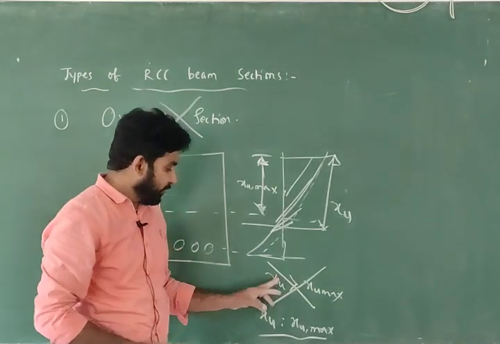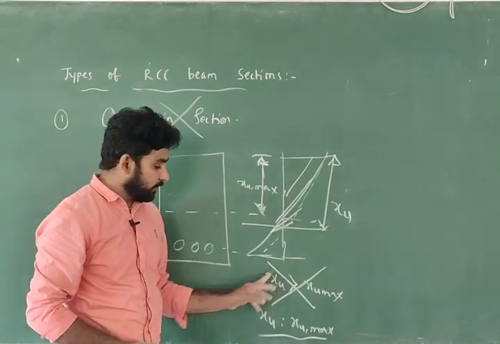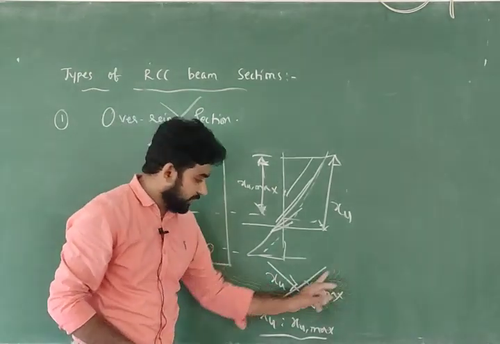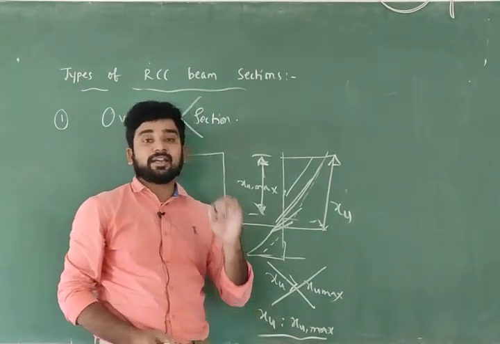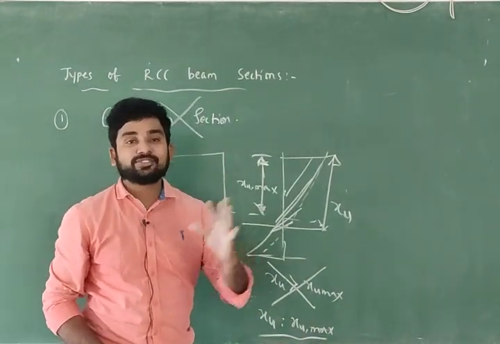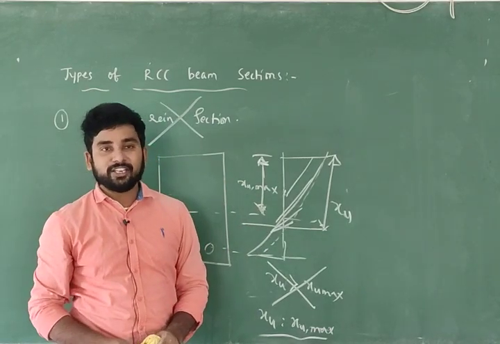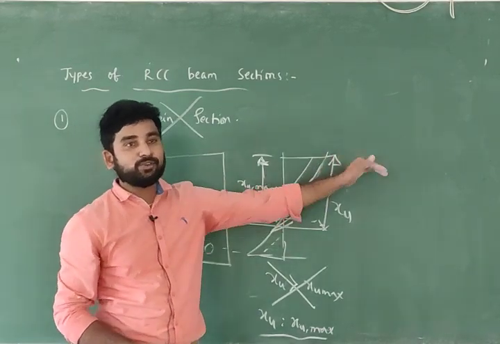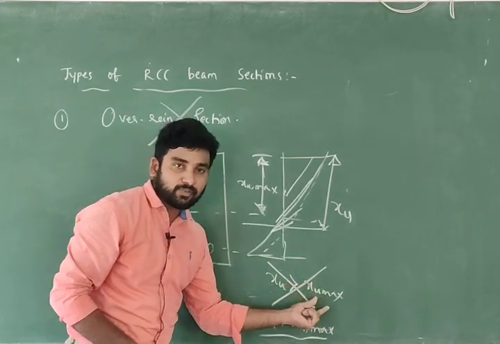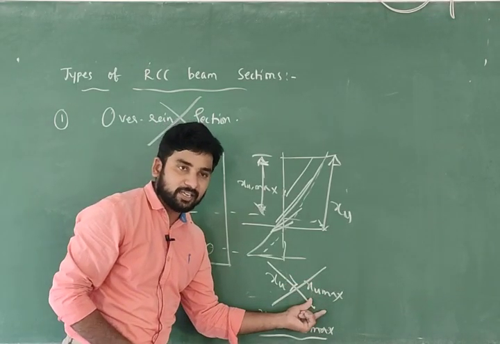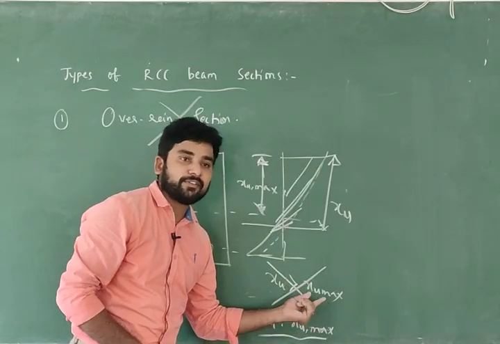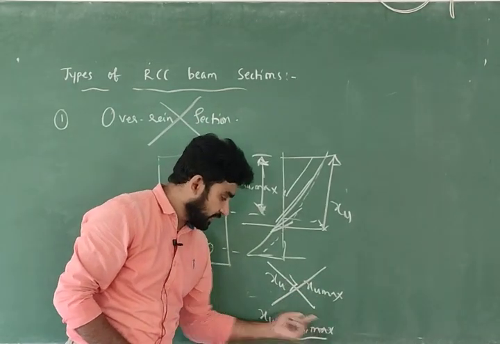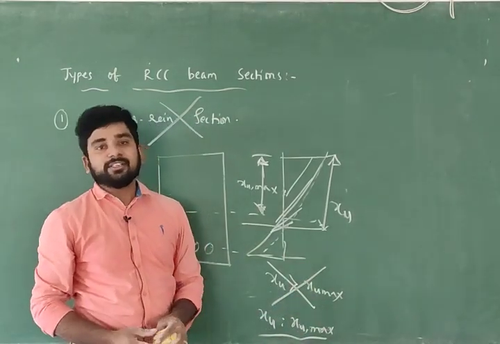So what will you do? You don't consider this XU value. In the place of XU, consider XU maximum, that is, design it for a balanced section. For that I told you to remember: whenever over reinforced sections come up in the problem, you don't design for an over reinforced section, you design it like a balanced section.